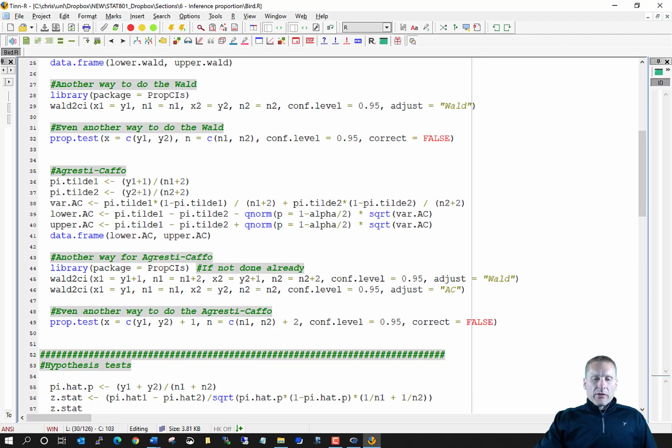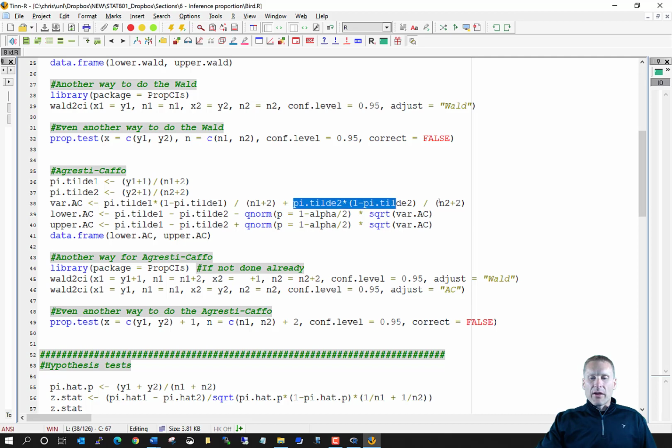Now, to find the lower bound, we take the difference of those two adjusted estimators, minus our quantile from the standard normal times the square root of the estimated variance. How did I find that variance? Well, pi tilde 1 times 1 minus pi tilde 1 divided by n1 plus 2.